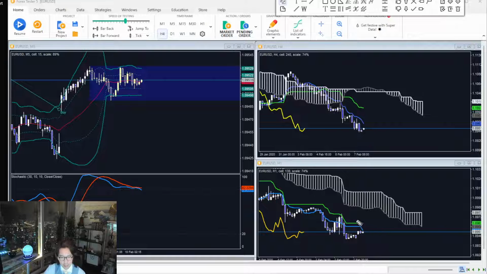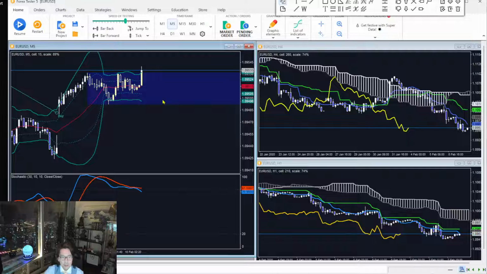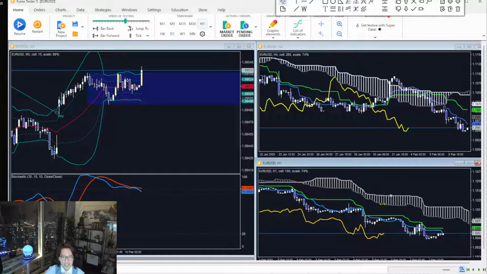Because when 1 hour is flat, the market can spike up and down either way, and there's no point to monitor the 5-minute anyway. When I press the space key, I can move the candlesticks one by one based on the 5-minute. So I will continue to run until 1 hour turns bearish. That's what I'm gonna do next.